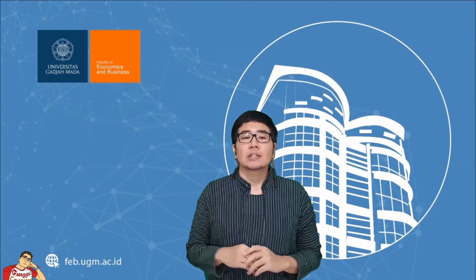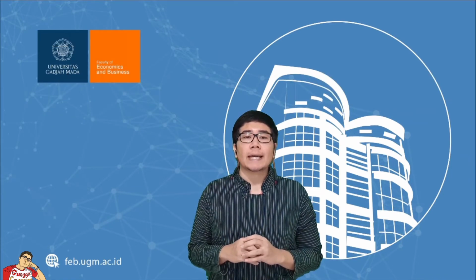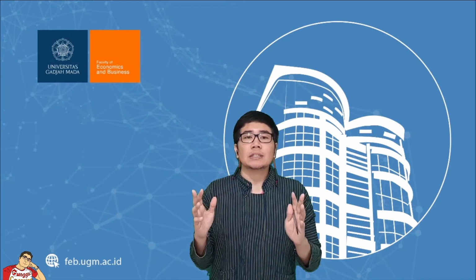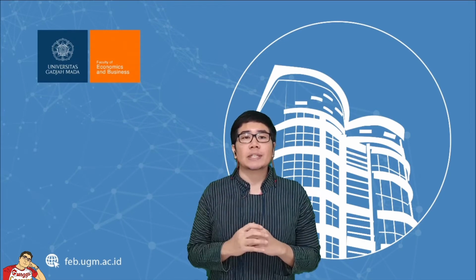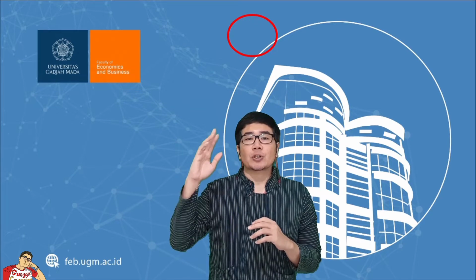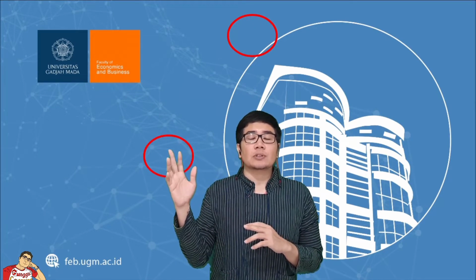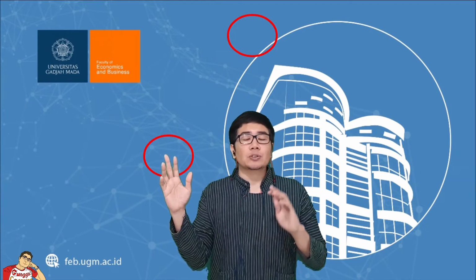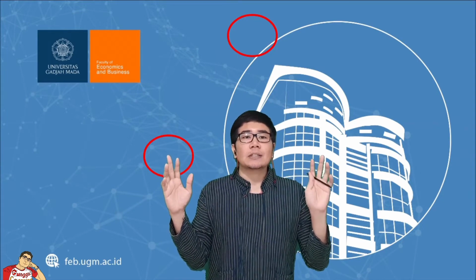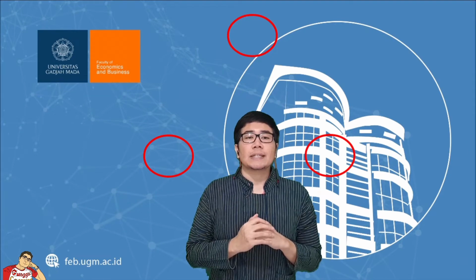This triangulation method is capable of verifying information and data obtained from different methods. For example, the answer of an interview is verified with the results of document analysis, and then verified also with the results of observation.